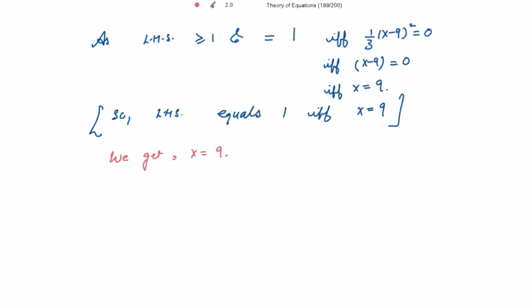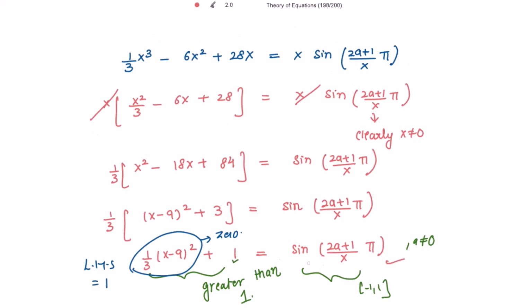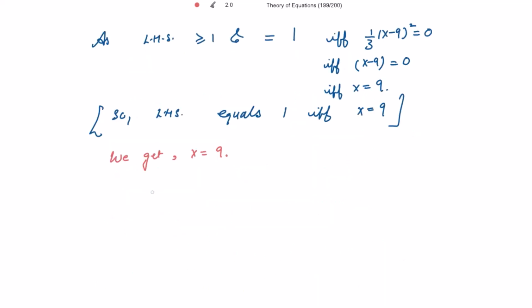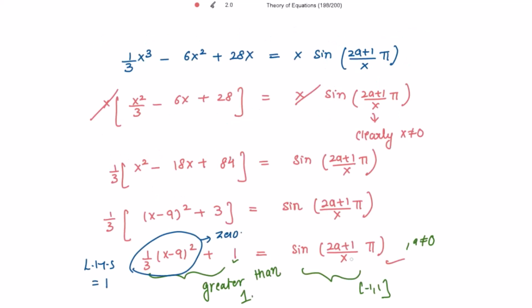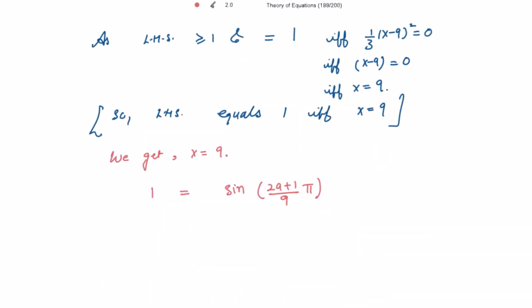So just putting x equal to 9 in this equation, we get the left hand side is 1 and the right hand side is sine of 2a plus 1 divided by 9 into pi. Okay, alright. So at what values of sine are we getting 1? At pi by 2 we get sine equal to 1.